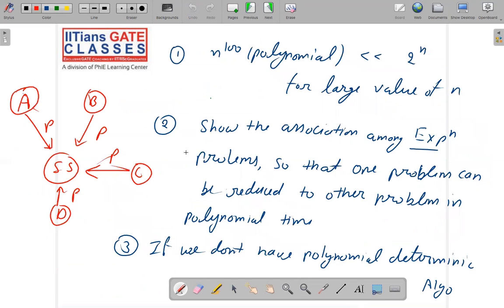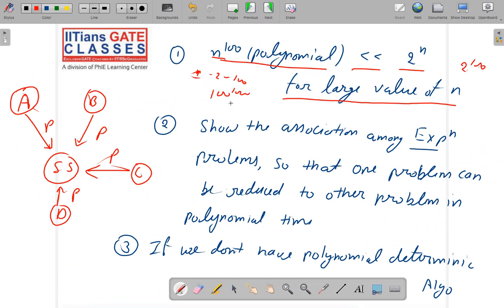So these are a few points that you must know before going into NP hard and NP complete. A polynomial time algorithm, for very large values of n, is always far less than exponential. See here, if we raise the value of n from 2 to 100, it will be 100 power 100. Here it will be 2 raised to power 100.